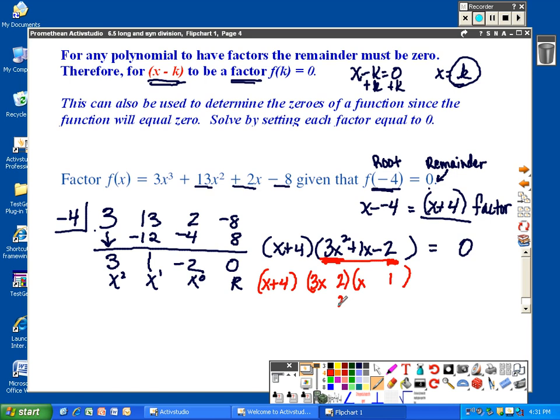Inside 2x, outside 3x. I need their difference to be 1. I have that. I need it to be positive 1, so that needs to be positive. First is negative, second is positive. So I now have a completely factored form by using synthetic division.